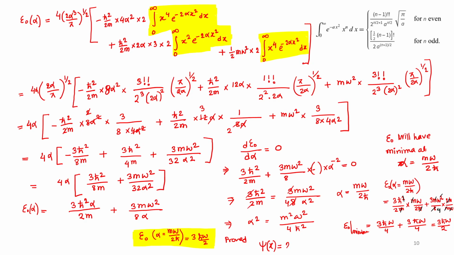So your wave function is 2 alpha by 5 to the power half, right? Multiplied by x, e to the power minus alpha x. So let me write it here. 2 alpha by 5, it will not have 1 4.